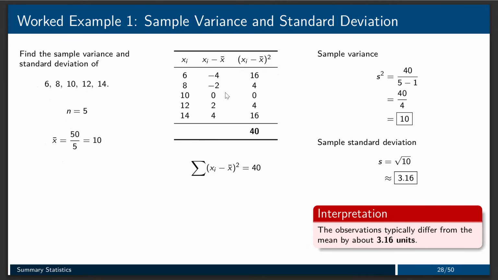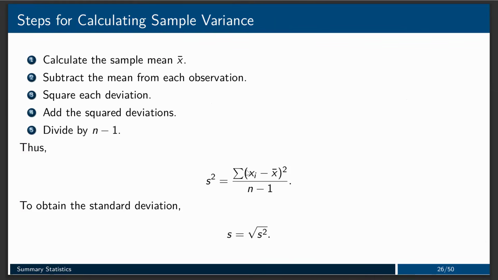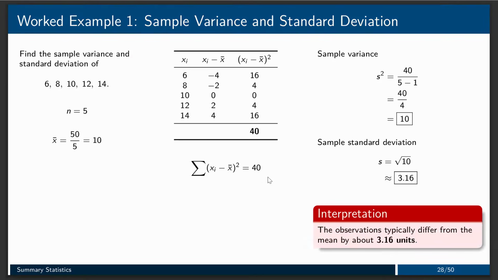Now, the formula we are using for the variance is the summation of (xi minus x bar) all squared over n minus 1.